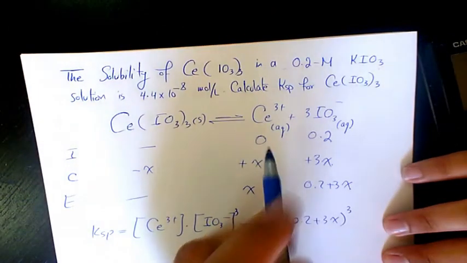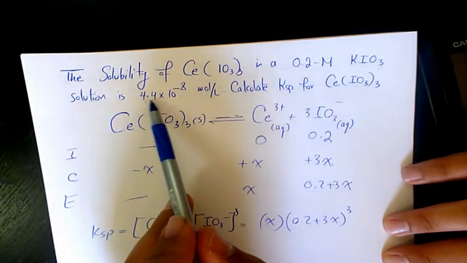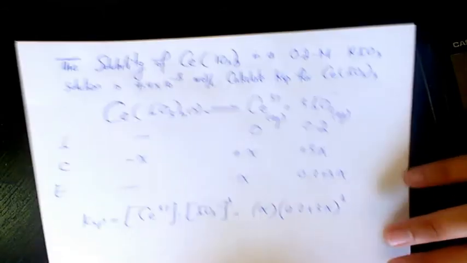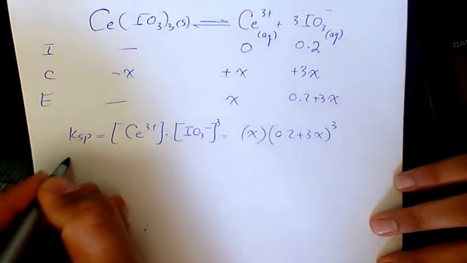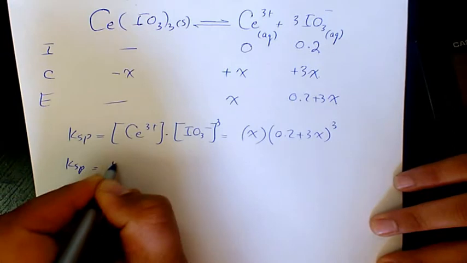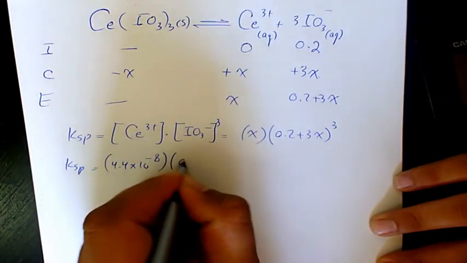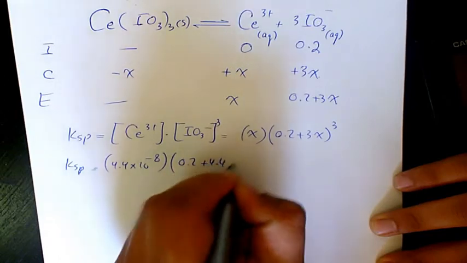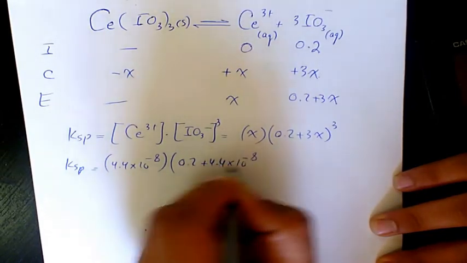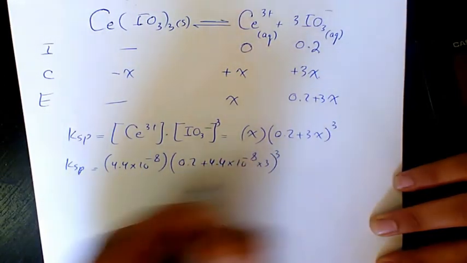Now the solubility is given, which is the value of x. That's 4.4 times 10 to the power of negative 8. So we just sub it there. So Ksp equals 4.4 times 10 to the power of negative 8 times 0.2 plus 4.4 times 10 to the power of negative 8 times 3, to the power of 3.